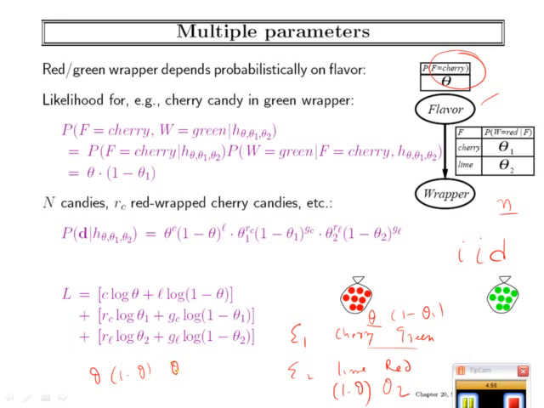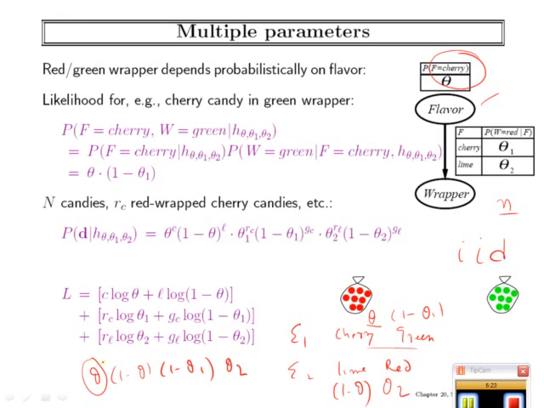you have theta times 1 minus theta 1 times 1 minus theta times theta 2. As more and more examples come, you'll get more and more thetas: for every cherry candy you see, you have to multiply by a theta.